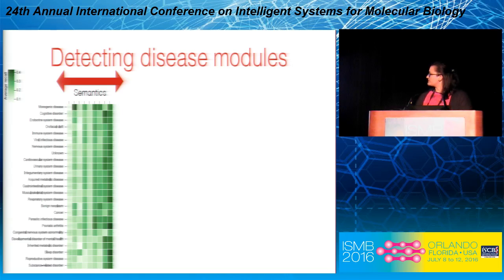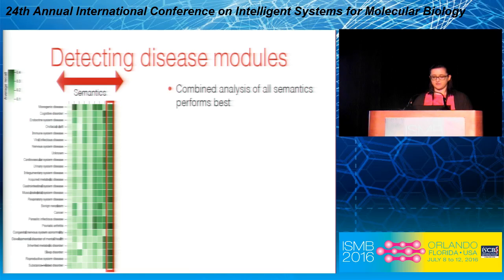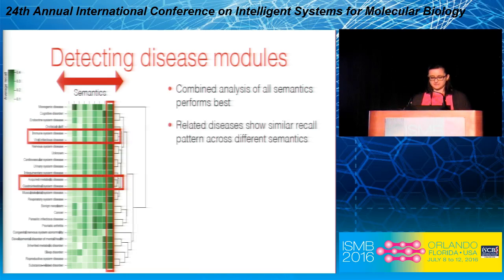The first observation is that, as you can see from the colors, there's quite some difference in the utility and performance of different semantics. Overall, it seems that the last semantic, which is the one that combines different individual semantics, performs best.